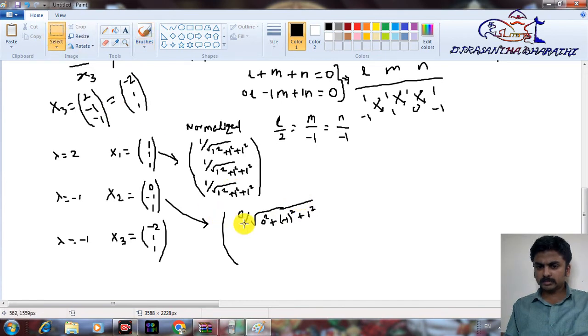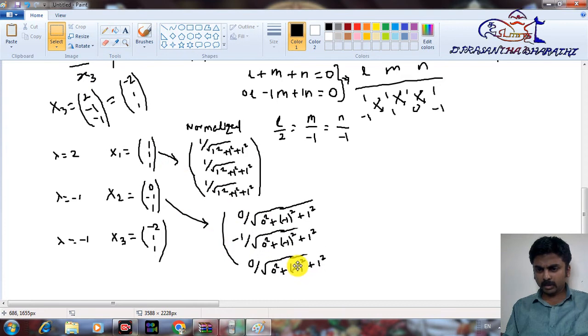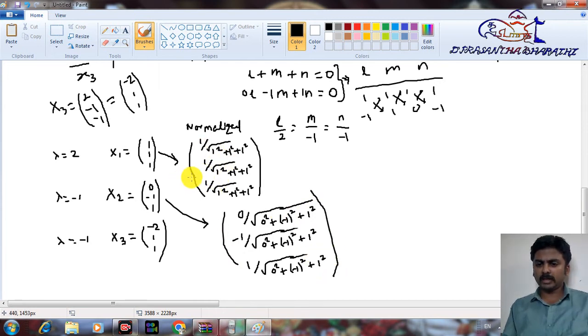So here we will have the second element minus 1 and the third element plus 1.